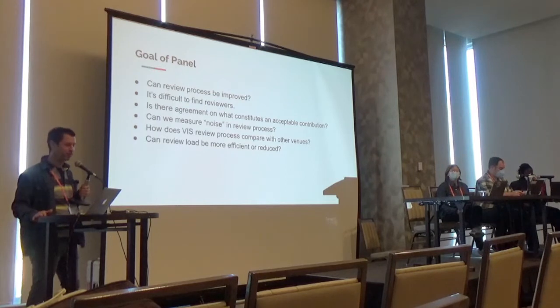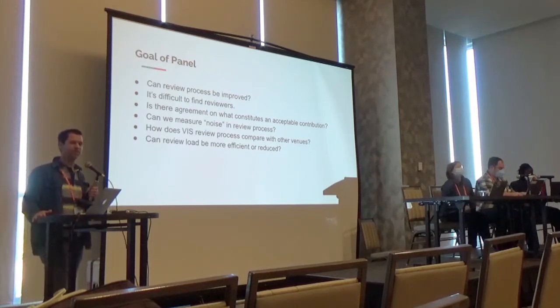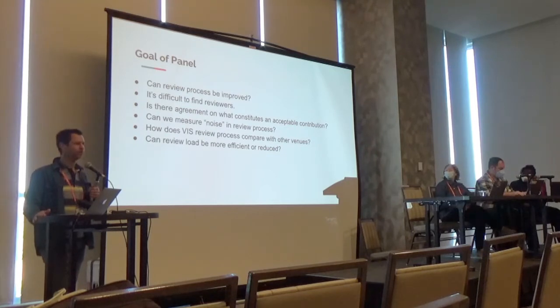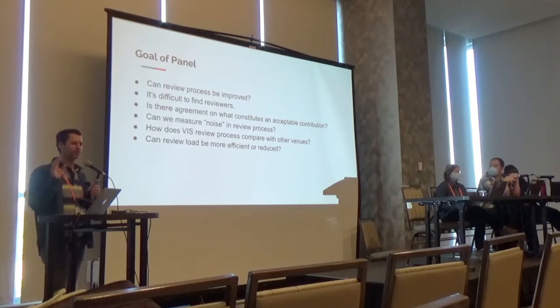Is there agreement on what constitutes an acceptable contribution for VIS? Can we measure noise in the review process? How does the VIS review process compare to other venues? And can the review load be more efficient or reduced? These are just some of the topics that are open for discussion. Anything is open for discussion, really. But this is the idea.